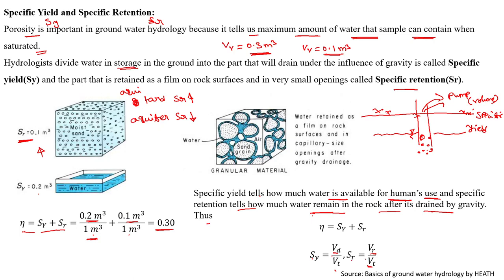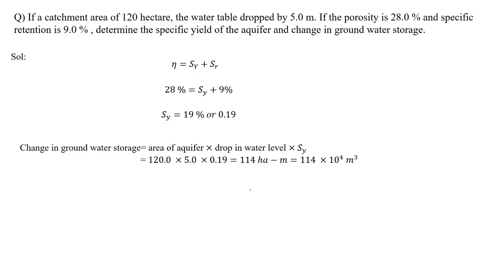These are two important terms, and they will be useful while calculating transmissivity and other terms in the next session. These are very important basic definitions that should be remembered. Let's solve one question. Let's say a catchment area of 120 hectare, and the water table is dropped by 5 meter.